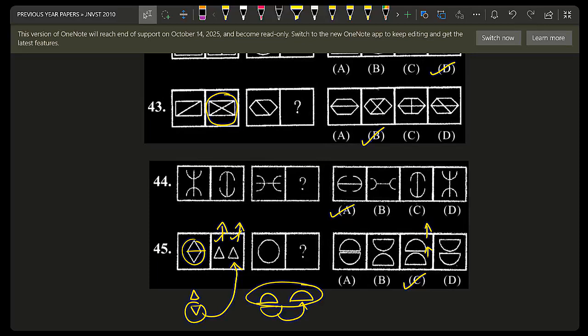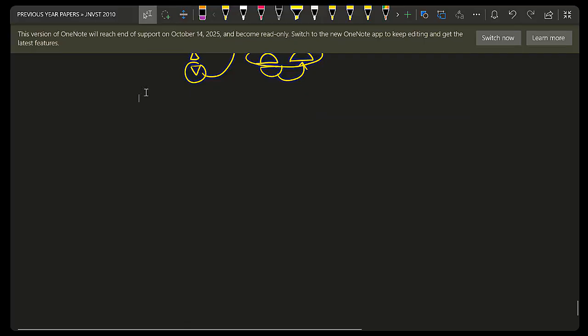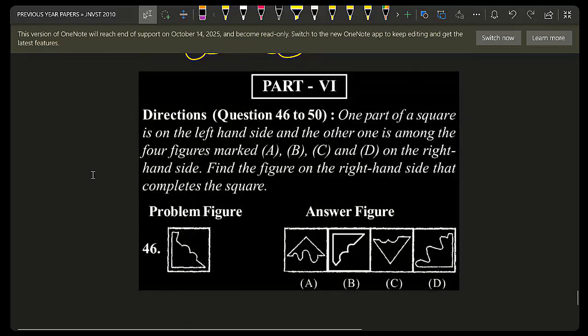Okay, part 6. Directions from 46 to 50. One part of a square is on the left hand side, and the other one is among the four figures marked A, B, C, D on the right hand side.